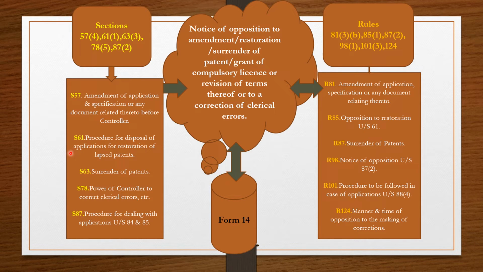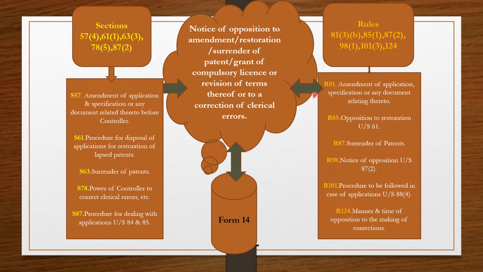Section 61 is procedure for disposal of applications for restoration of lapsed patents. Section 63 is surrender of patents, and the title of section 78 is power of controller to correct clerical errors, etc. Section 87, procedure for dealing with applications under section 84 and 85.